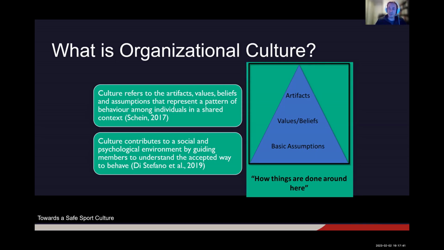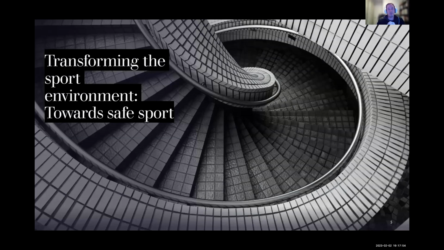And so my research kind of looks at why this happens. What's the fundamental root of the problem? Most often it lies in this concept of what we term values and beliefs. So how do we transform the sport environment towards a safe sport reality for our athletes?